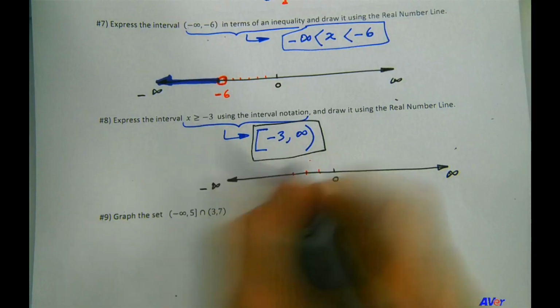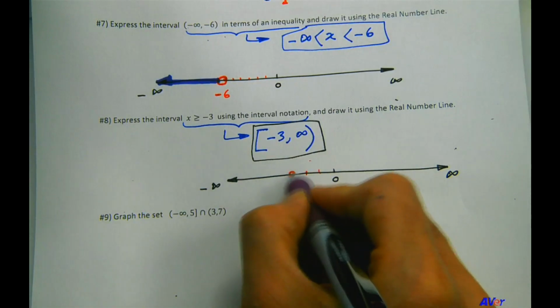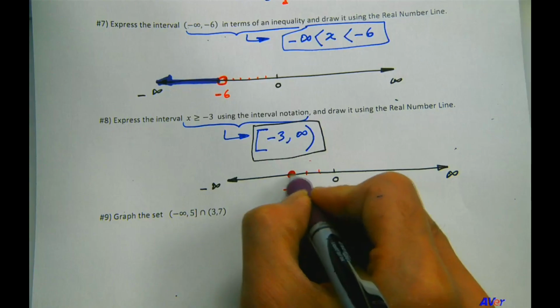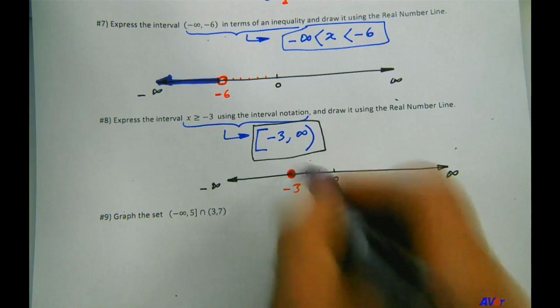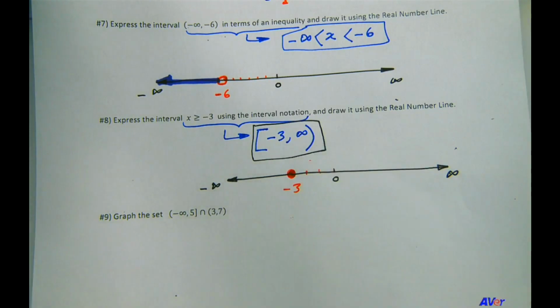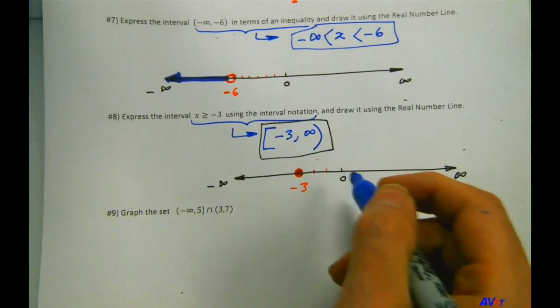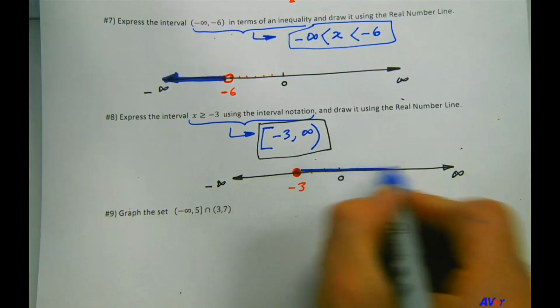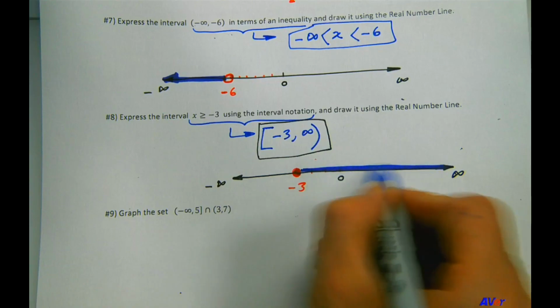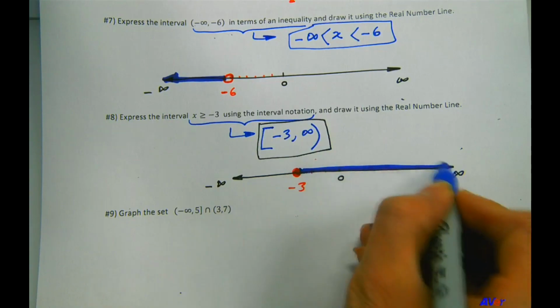Notice it is included, so I'm going to put a filled in circle where -3 is, and anything larger than that, right? So then I'm going to use my thicker marker to thicken this line a little bit, like that.